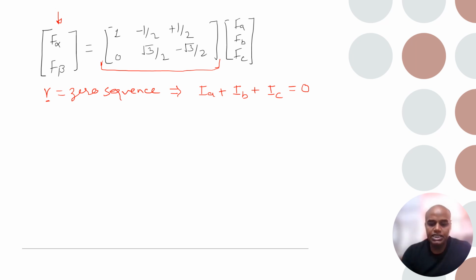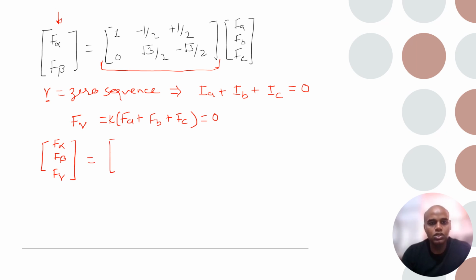To do so, we take the zero sequence, let's say F gamma, which is equal to FA plus FB plus FC times some constant K. Putting this into matrix form, our matrix changes to something like this: F alpha, F beta, and F gamma, the zero sequence, is equal to some constant, let's say K1.